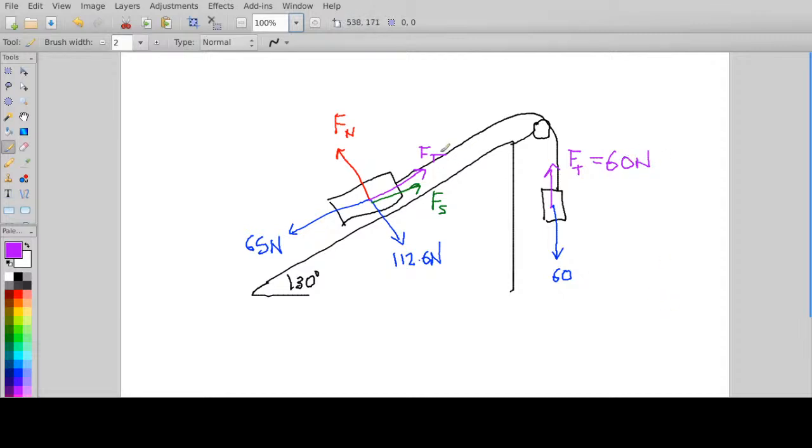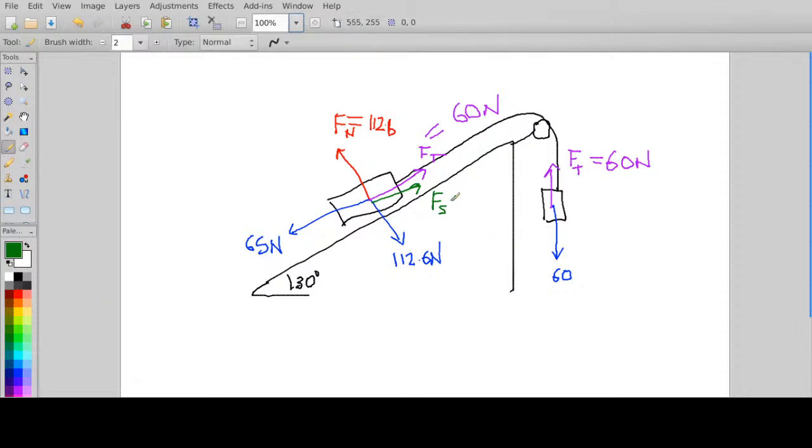This one must equal that one, so this is 60 newtons. And we know that this one must cancel that one because there's no motion in the other direction, so this is 112.6 newtons. Okay, and we're almost done. We don't know F_S.